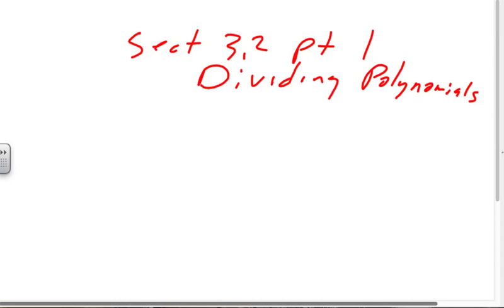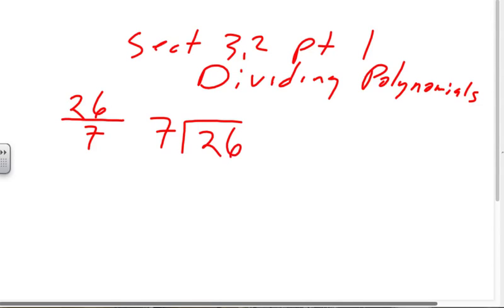Before we do that, let's talk about just general long division, which you have probably forgotten how to do. So 26 over 7 can be written as 7 divided into 26. You should remember this from elementary school. So 7 will go into 26 3 times. 3 times 7 gives me 21 without going over, and I'm left with a 5.